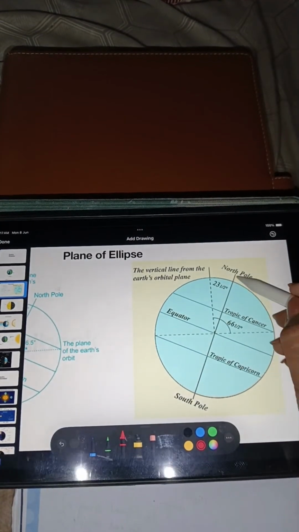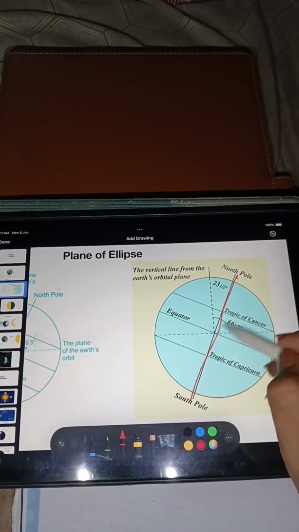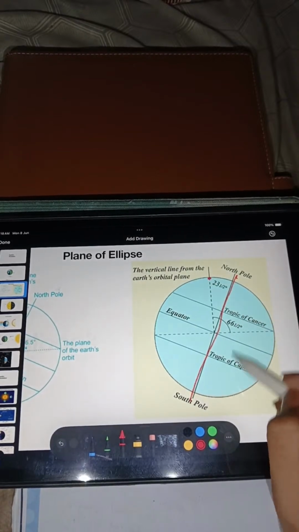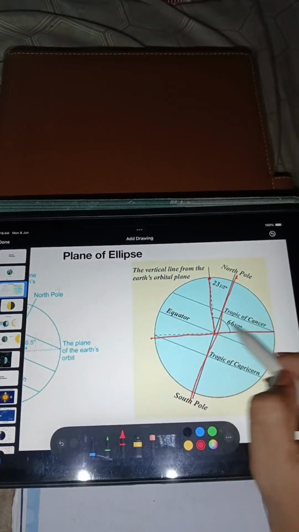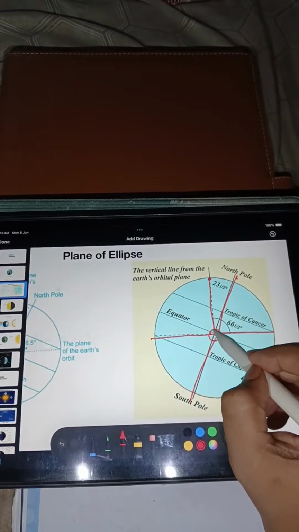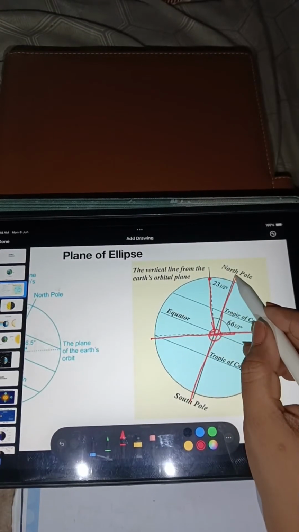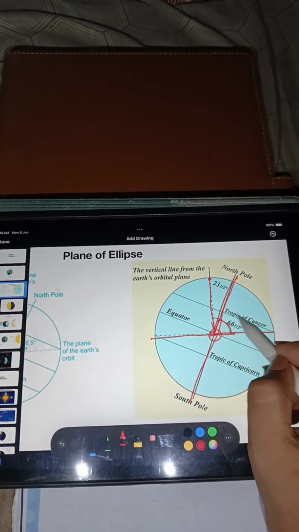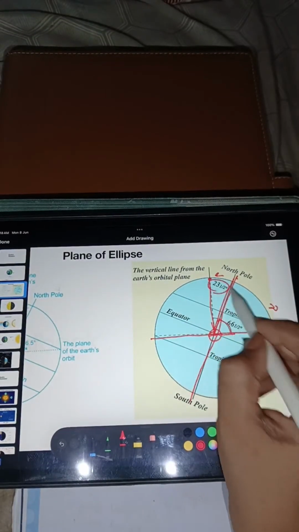Now this line is an imaginary line that we call axis. From the North Pole or from the center, if we draw a perpendicular like this that merges with the center of the Earth, then we will see that the Earth's axis is cutting at 66.5 degrees on this side, and on the northern side it is 23.5 degrees.